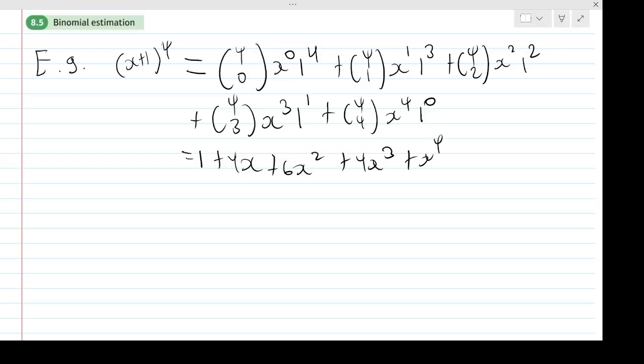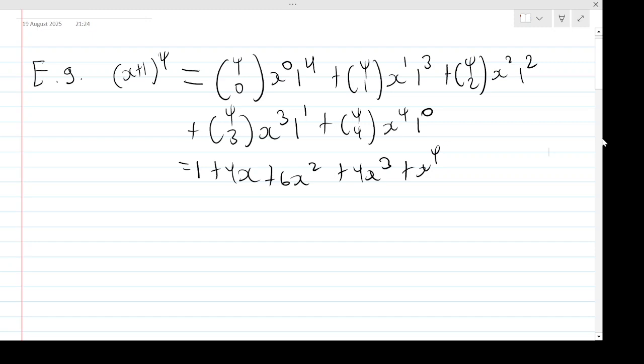What I'm now going to do is use this expansion, because I can estimate certain numerical values. What if I said I could use this to find the value of (9/10) to the power of 4?